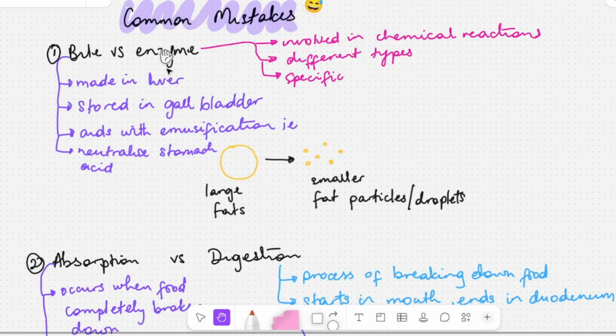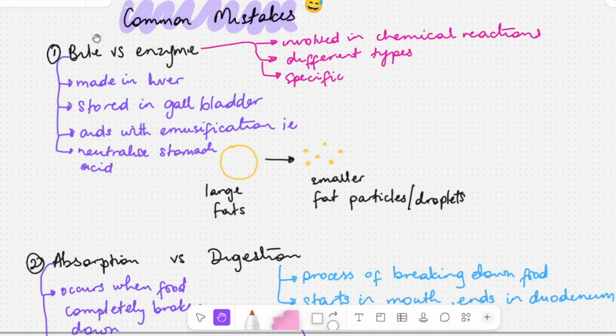Next, we have enzymes. Enzymes are involved in chemical reactions. We have the different types that we spoke about above. Enzymes are very specific in terms of temperature and pH for them to work at their optimum. Enzymes are made of proteins.